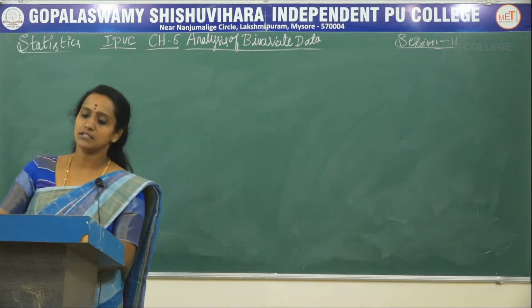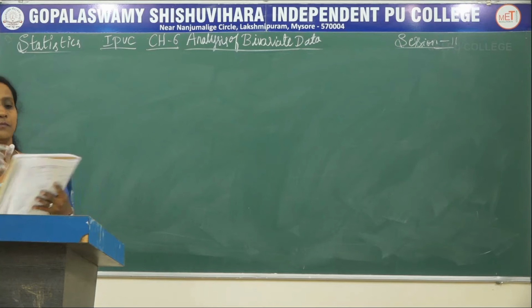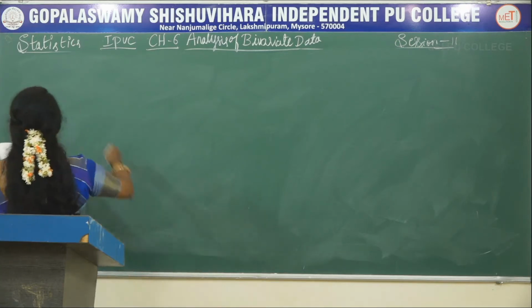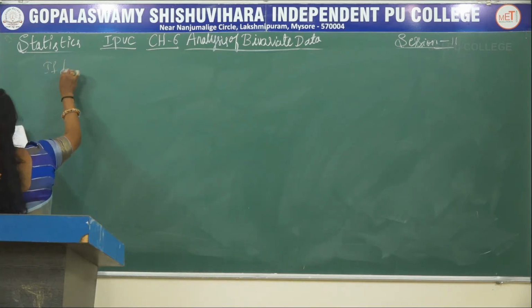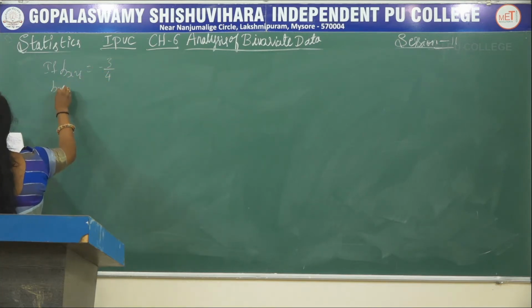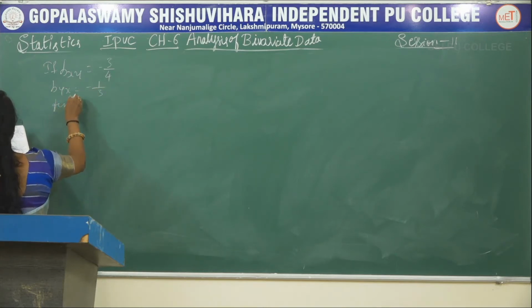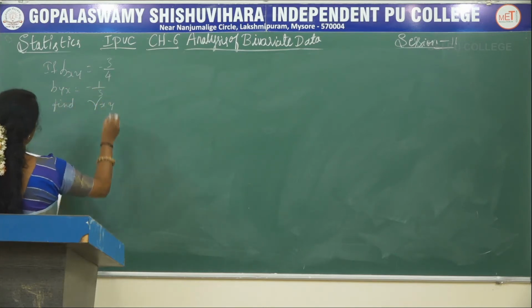Next, let's solve some more problems based on 2 marks. Okay, 2 marks problems now we are solving. If B of xy is equal to minus 3 by 4, B of yx is equal to minus 1 by 3, find r of xy.